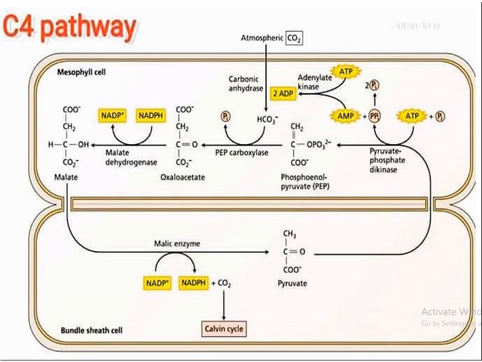Then this 4-carbon oxaloacetate is dehydrogenated by NADPH to malate. After the dehydrogenation, the oxaloacetate turns into malate, and this reaction is catalyzed by the enzyme malate dehydrogenase. See here, the NADPH gives its proton to oxaloacetate.